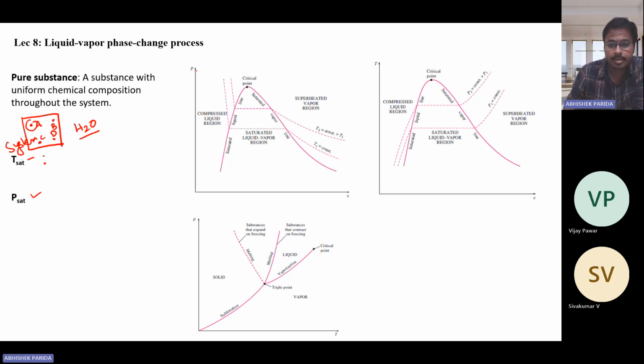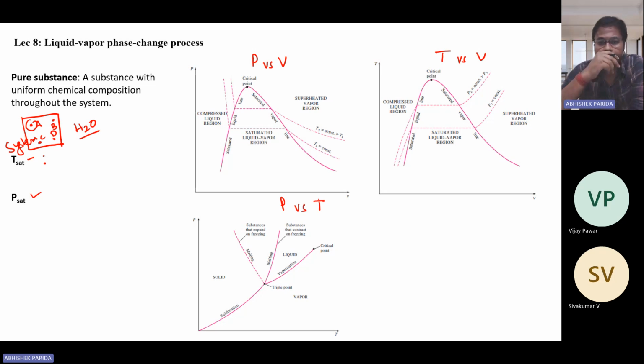And based on that, we discussed three curves for this pure substance, mostly for water. This is the P versus V diagram, this is the T versus V diagram, and this is the P versus T diagram.